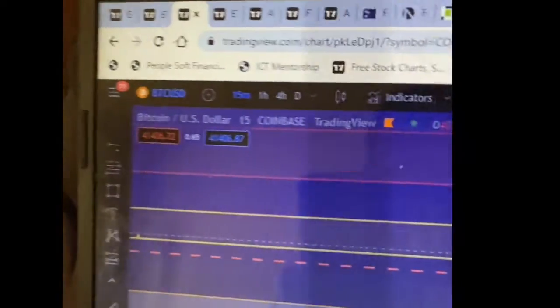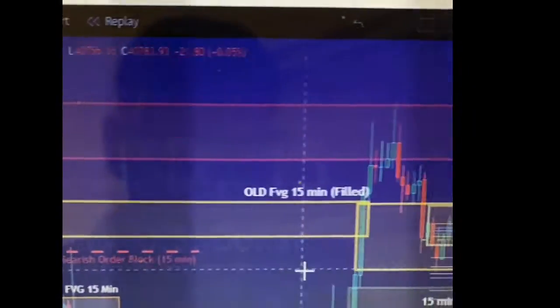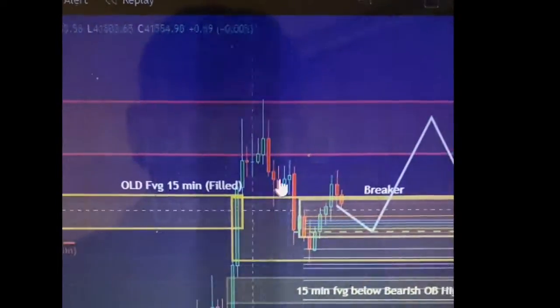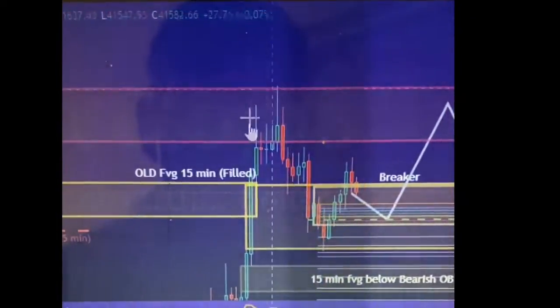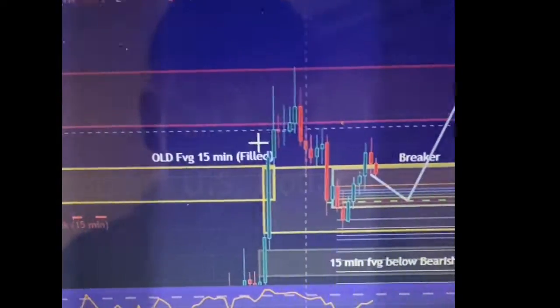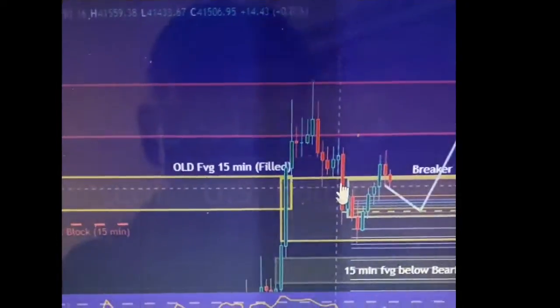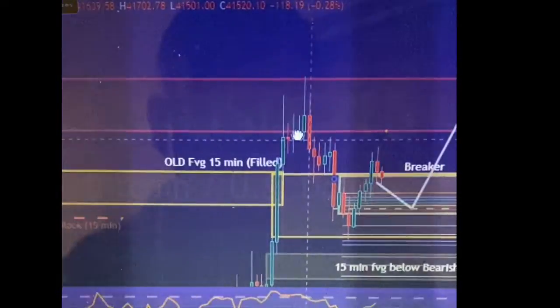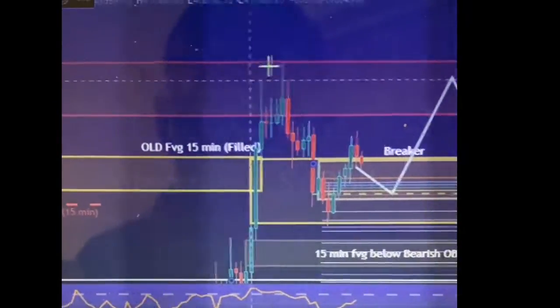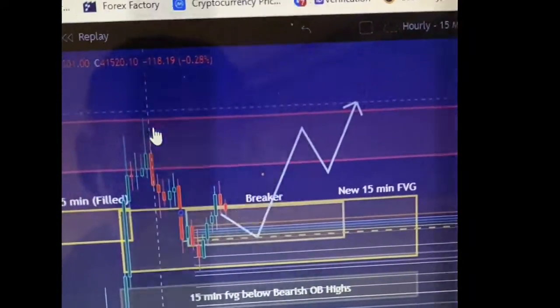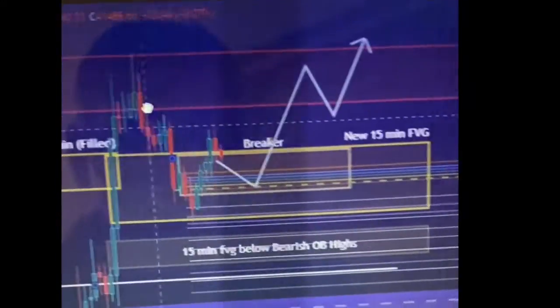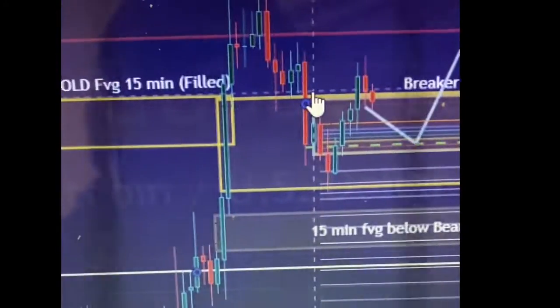It did, and then it also came up and touched this fair value gap right here. Came up, touched the top of it, and pulled back down. Generally when we see that, it's like, hey, we haven't filled you yet, we're going to fill you again in just a little bit.